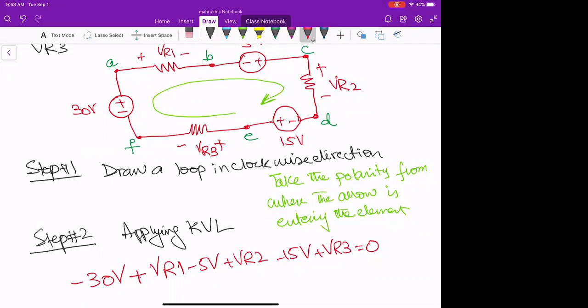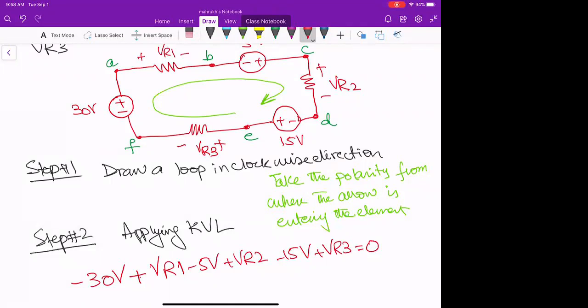If all the voltages are negative, it's probably going counterclockwise, isn't it? Okay. So what I'm trying to say, you don't have to think right now about what is supplying and what is absorbing. I'm just trying to write the equation, and the equation follows the loop direction that I have drawn. I have drawn an arrow, and I'm saying that my equation should follow the direction where the arrow is entering the element.